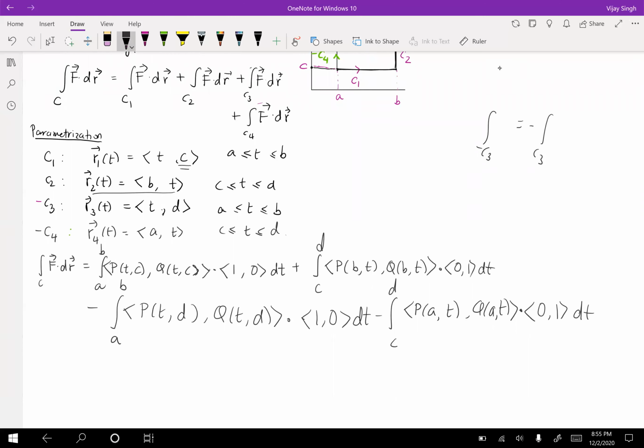So now let's rewrite this integral. So we get the integral from A to B. If we take the dot product, only the first term survives.